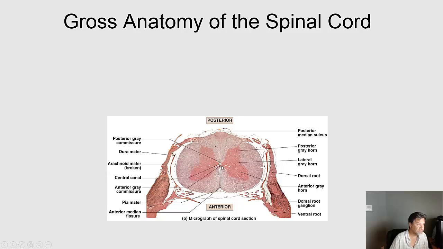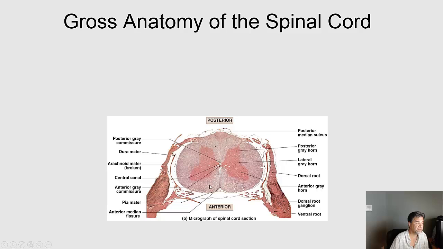This little bit of gray matter right here in the center is called the posterior gray commissure. This opening is where we'll see cerebral spinal fluid flow, called the central canal. And then just anterior to that is the anterior gray commissure.